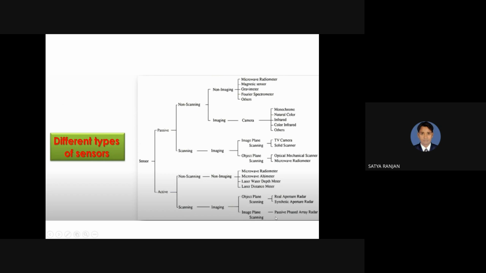Then image plane scanning is the passive phased array radar. So these are some radar images which are scanning and imaging. The difference between active and passive is that active has its own source of energy and illumination. It does not depend on other sources like sunlight, but passive depends upon the sunlight, for photography.